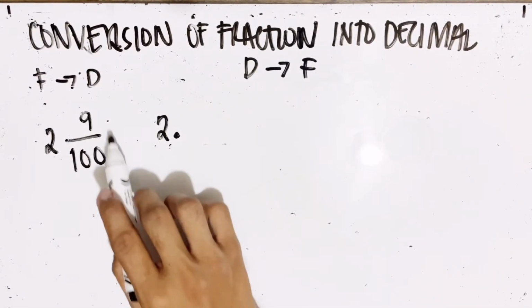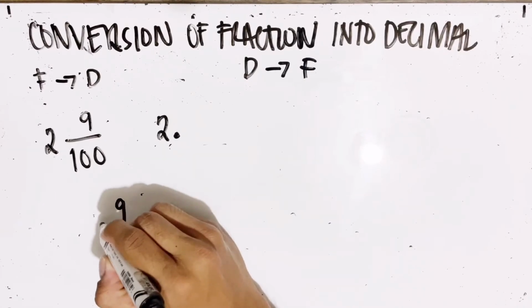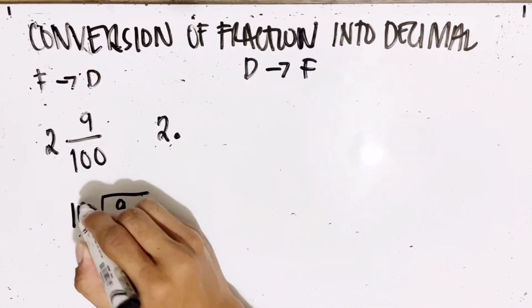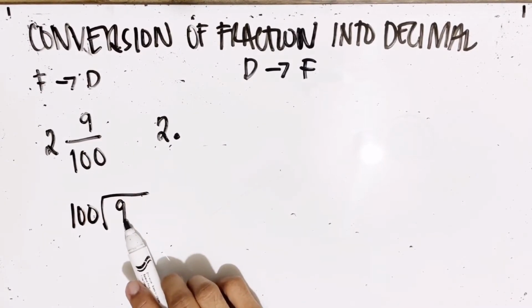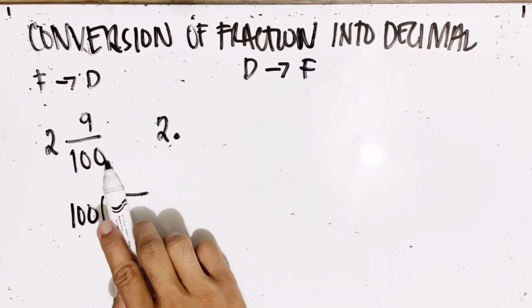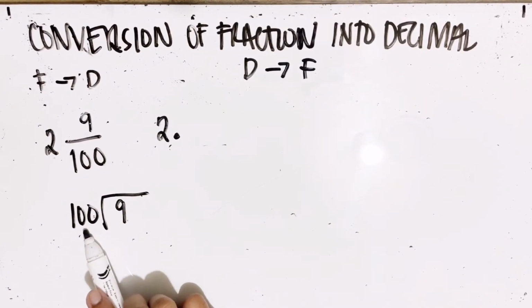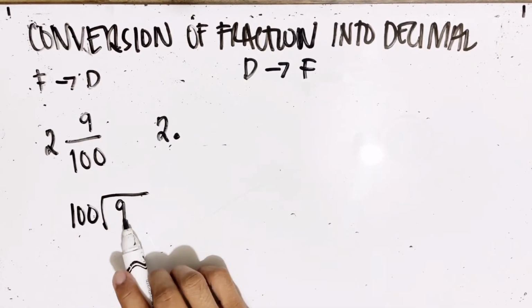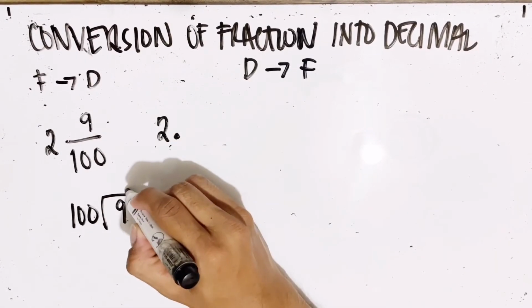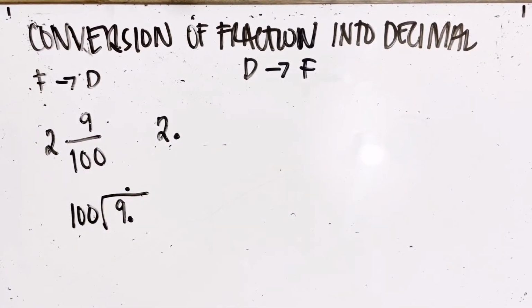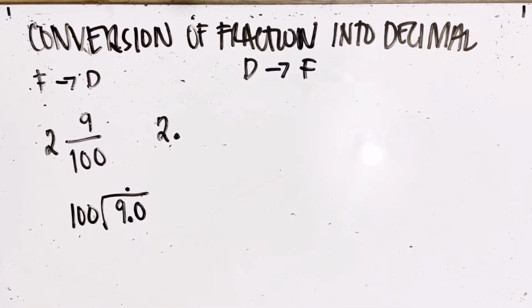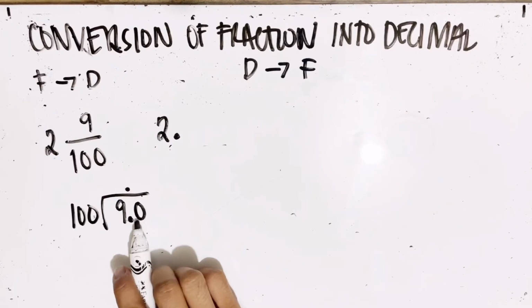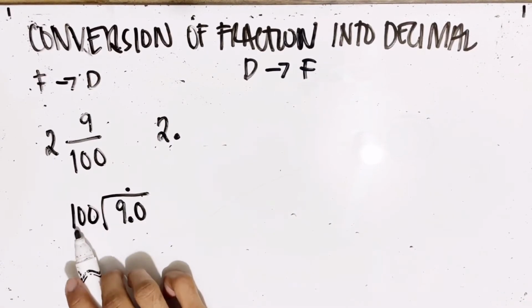Now we will divide 9/100. Our numerator 9 is the dividend, while 100, the denominator, becomes the divisor. 9 divided by 100. Because 9 is lesser than 100, we'll start writing decimal points. Right? 0, 90 is still not greater than 100.